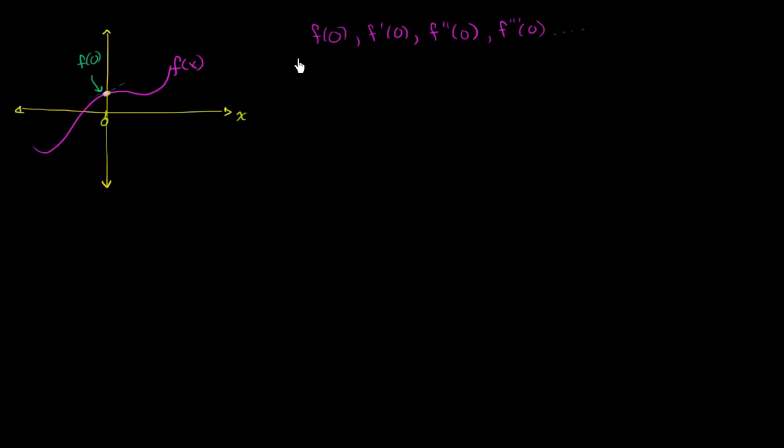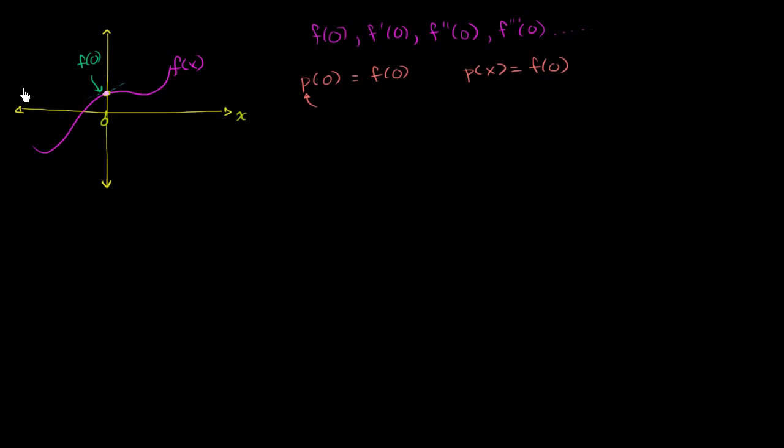So at first, maybe we just want p of 0, where p is the polynomial that we're going to construct. We want p of 0 to be equal to f of 0. So if we want to do that using a polynomial of only one constant term, we can just set p of x is equal to f of 0.